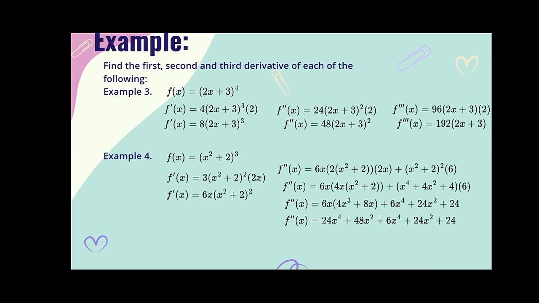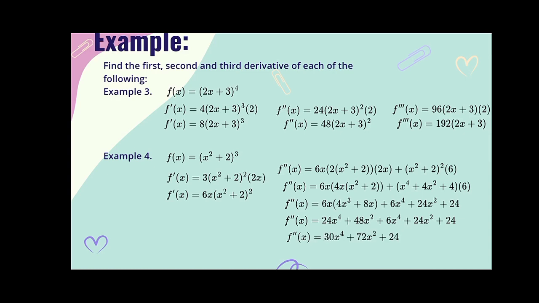Then we will multiply 6x times 8x, and it will equal 48x squared, because x has the exponent of 1, then 1 plus 1 is equal to 2. Then copy or bring down 6x raised to 4 plus 24x raised to 2 plus 24.